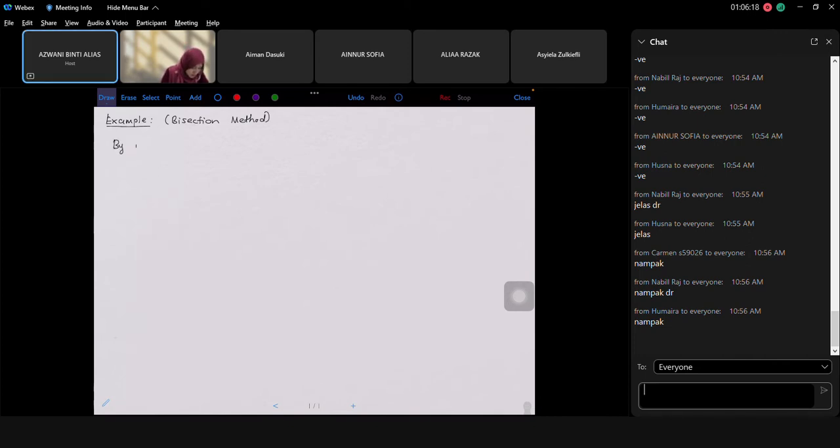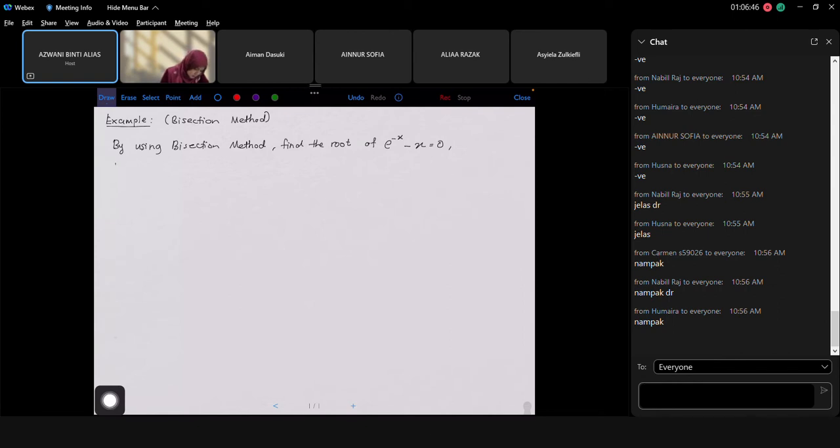By using bisection method, okay, find the root of x negative e to the power of negative x minus x is equal to 0. So this is non-linear function kan?